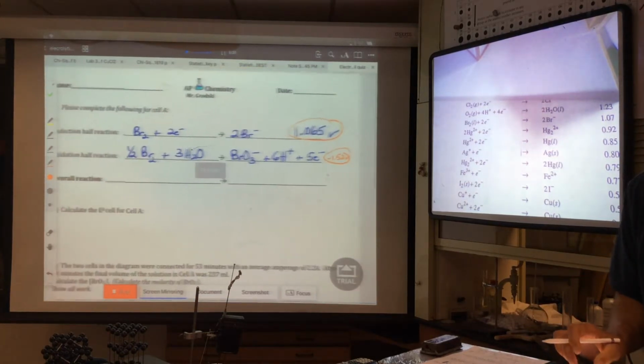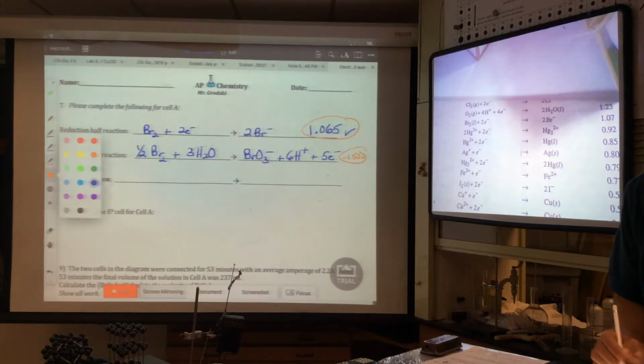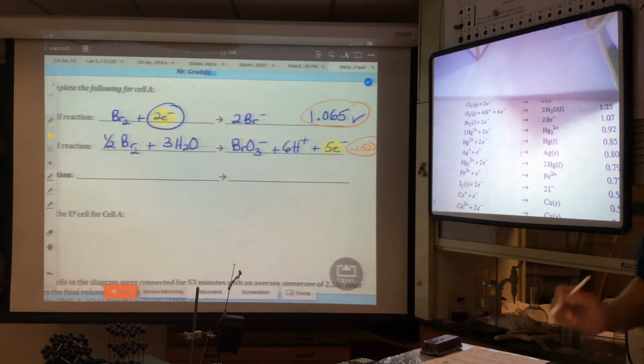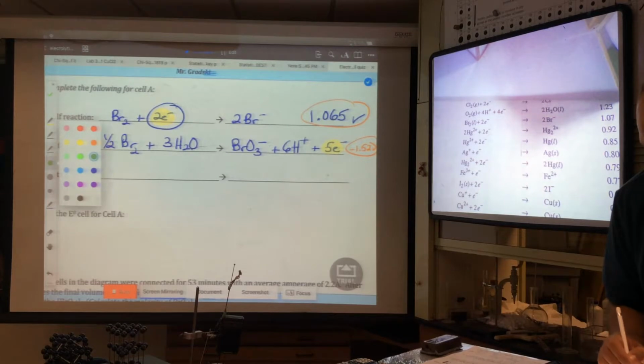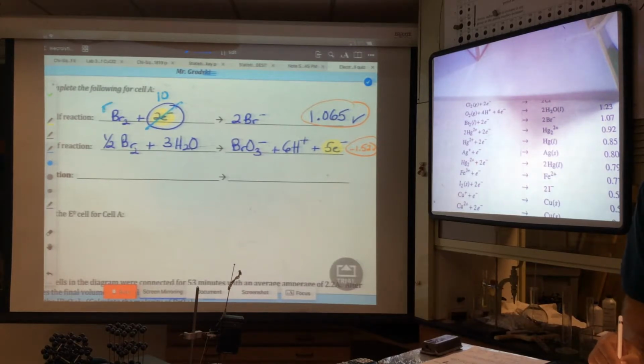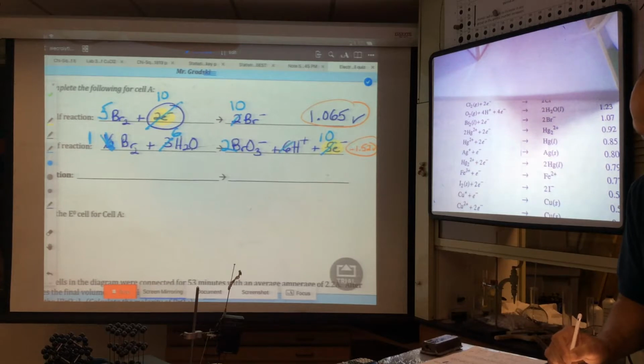Now what's the overall? The electrons do not balance. So what's a common factor of 5 and 2? 10. So, new color. I'm going to make this 10. How do I do that? Times everything by 5. 5 times 1 is 5, 5 times 2 is 10. Now I want this to be 10, so I times everything by 2. 2 times 1 is 2, 2 times 6 is 12.